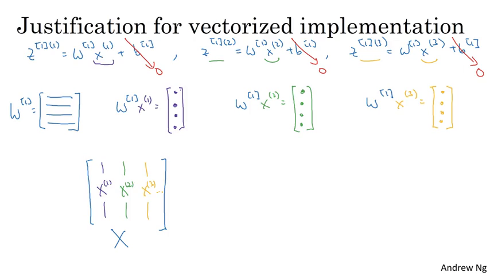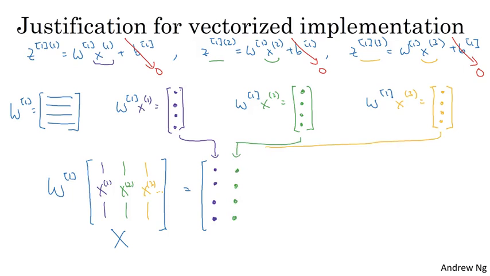But if you now take this matrix X and multiply it by W, then if you think about how matrix multiplication works, you end up with the first column being these same values that I had drawn up there in purple. The second column will be those same 4 values, and the third column will be those orange values.